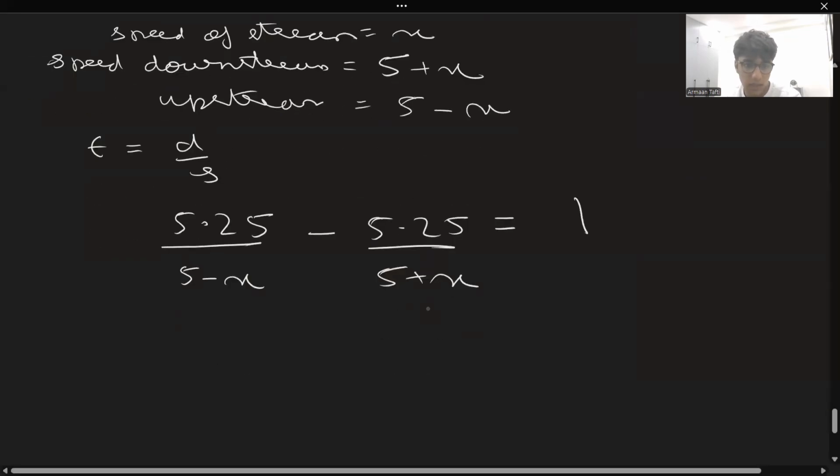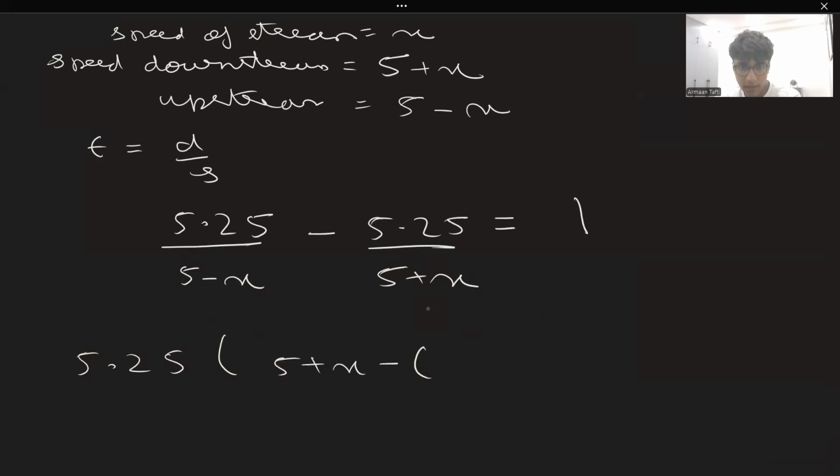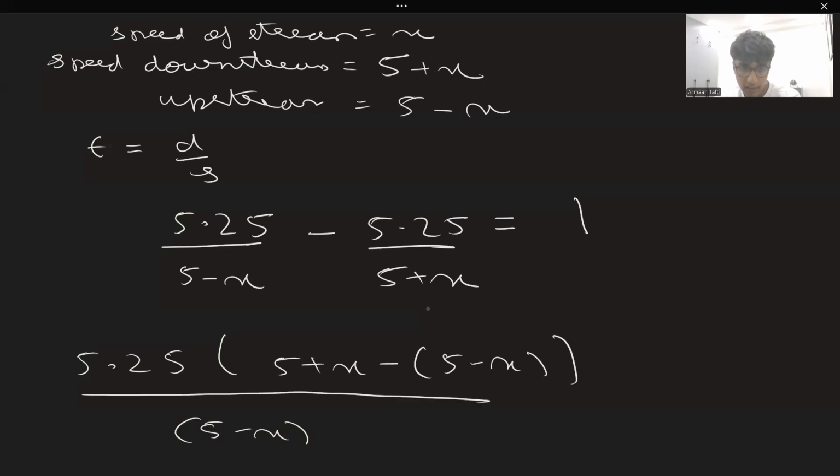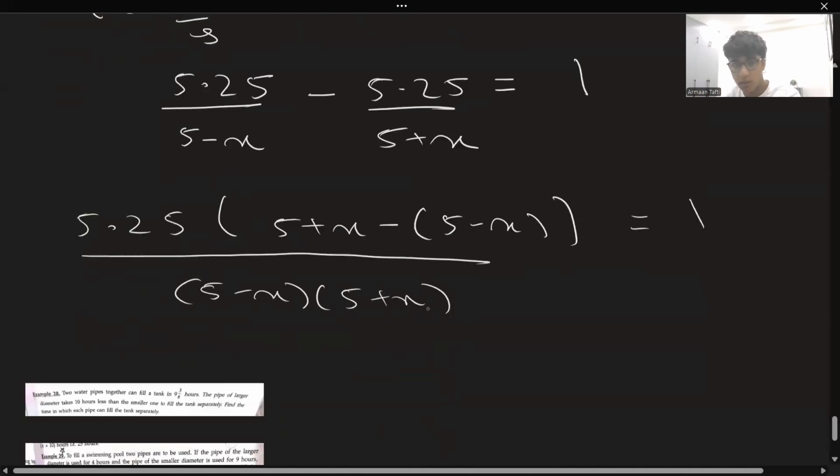Now if we solve this, we can take 5.25 out common here, and we can write this as 5 plus x minus 5 minus x divided by 5 minus x times 5 plus x is equal to 1.